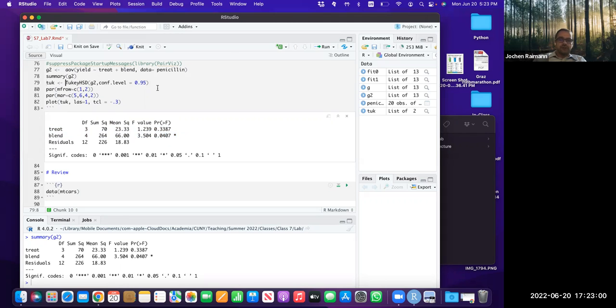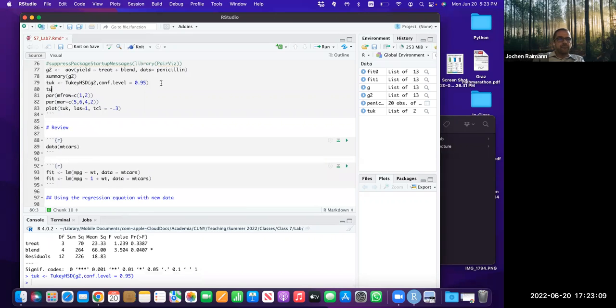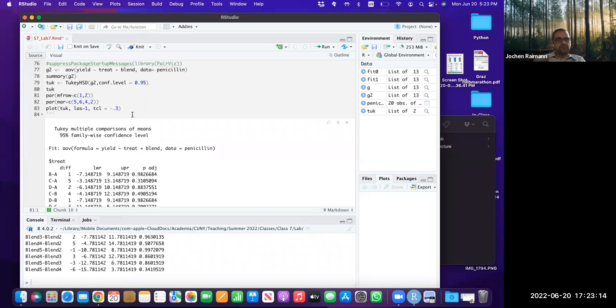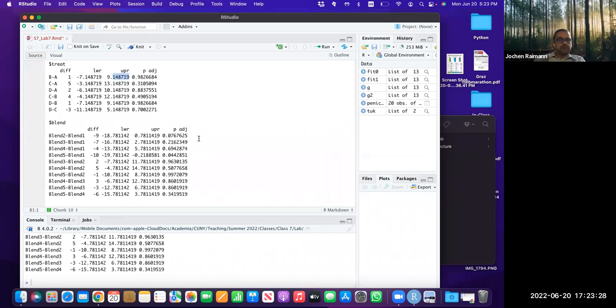So in a Tukey honest significant difference test, you essentially compute a so-called Tukey's Q. And if you look at this specifically, you can always look at all these objects that you are computing. So you see here the difference is depicted with the actual lower and upper 95% confidence intervals and adjusted P value that essentially allows you to look into differences between the respective combinations.